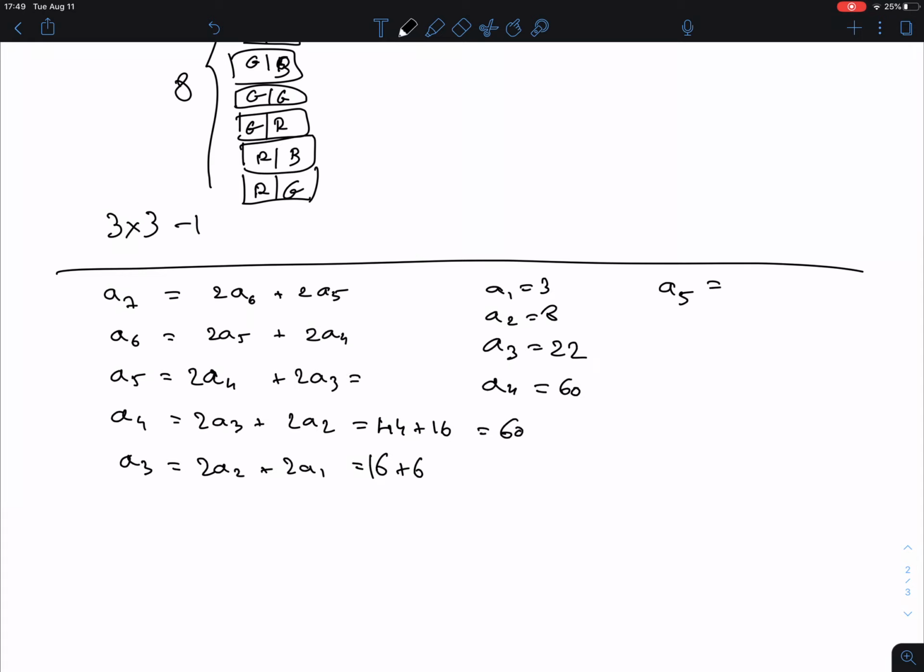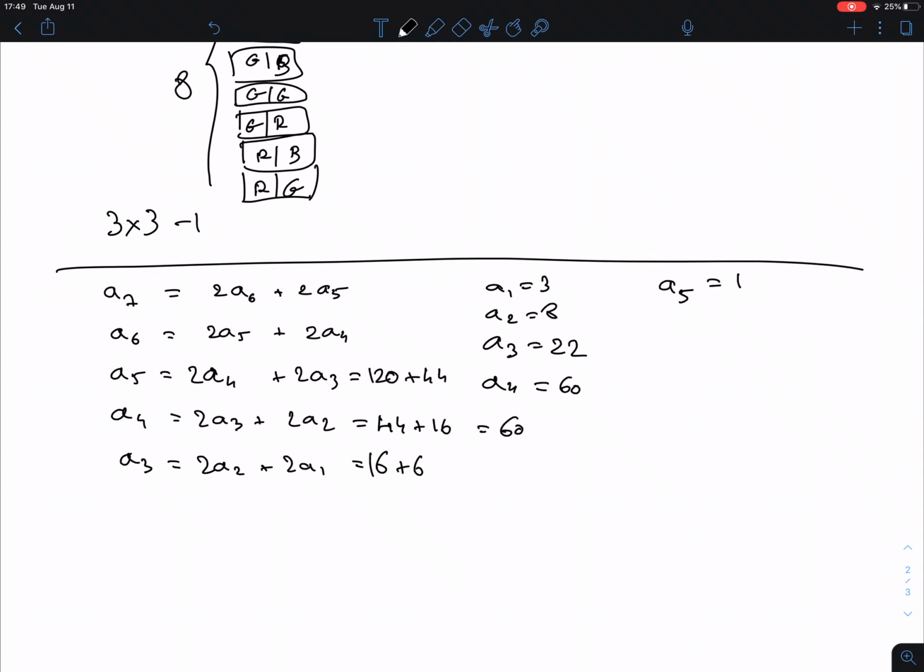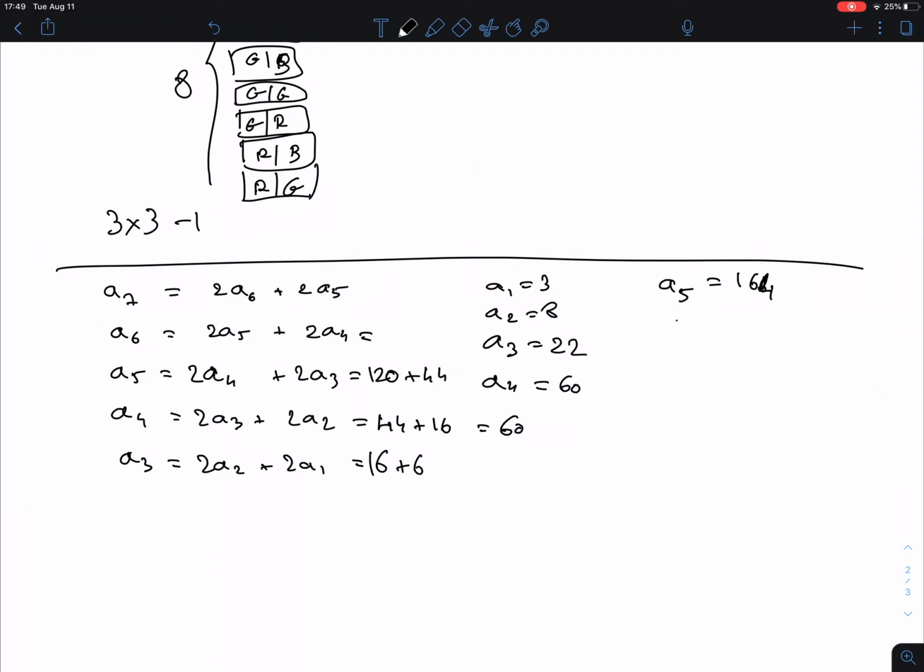A5 is 2 times 60, that's 120, plus 2 times 22, that's 44, that's 164. A6 is 2 times A5, that is 328, plus 2 times 60, 120, that is 448.